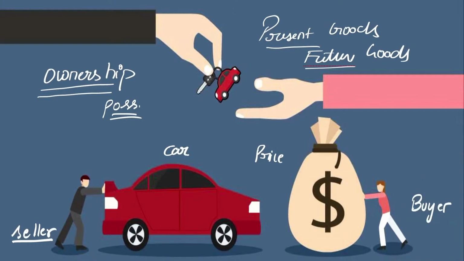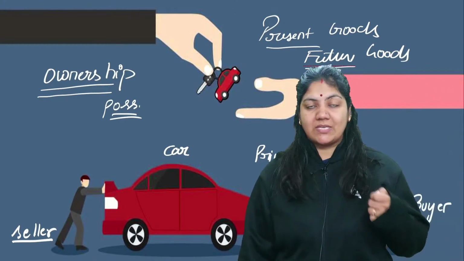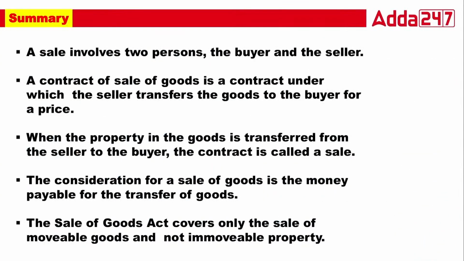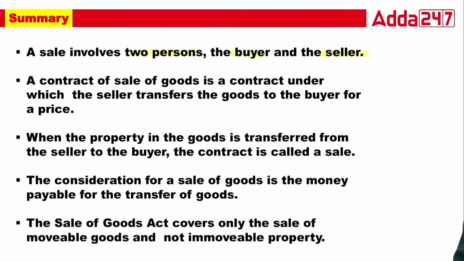Now we have to study the summary and the questions given in the Sales of Goods Act. So what is sale? Sale involves two persons: the buyer and the seller, as we already know. Now class, a contract of sale is a new term.